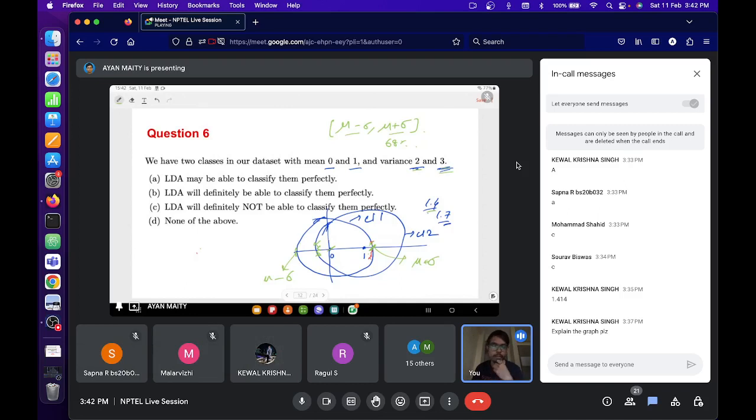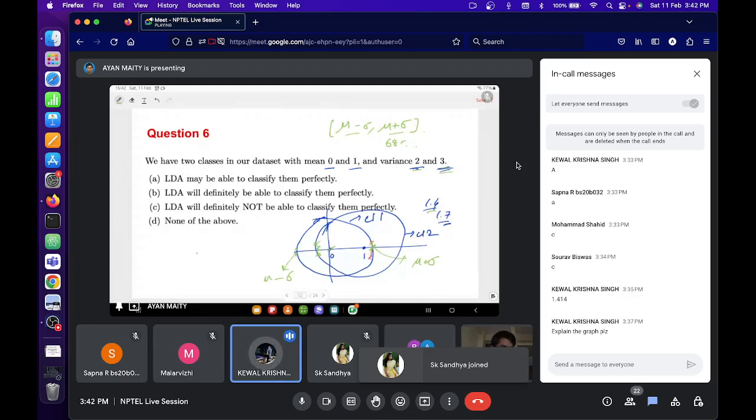It might be any distribution, but the variance is 2, so the standard deviation is 1.4. Sir, the formula we are taking, mu minus sigma and mu plus sigma, mu minus 3 sigma and mu plus 3 sigma, generally depicts a normal distribution. Yeah, it is for the normal distribution, as the data points are not with us.